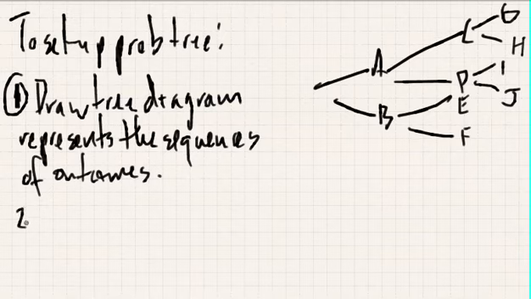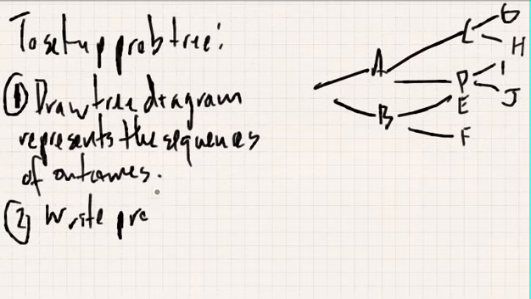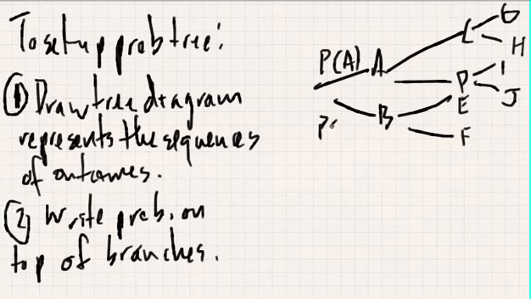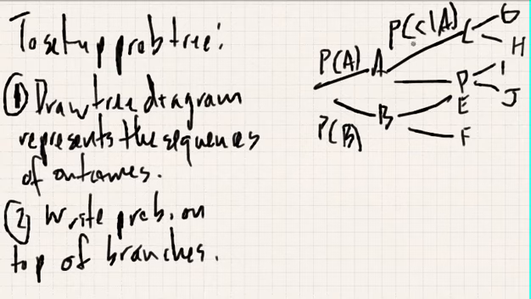Second, we write probabilities on top of the branches. And what are these probabilities? The probabilities on the first set of branches are just the probabilities of those events. But the probabilities on the next set of branches are the probability of that event given all preceding events.